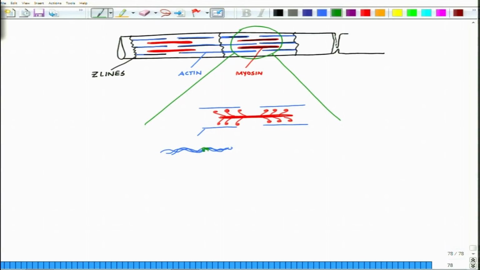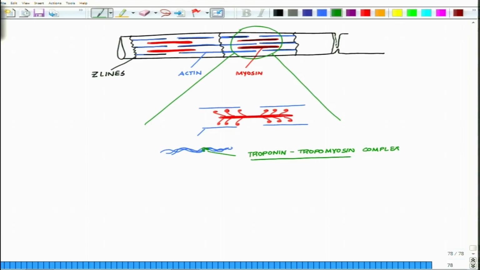There are different proteins present on the actin filament: troponin, tropomyosin complex. There are multiple proteins involved in it, but that is not important.